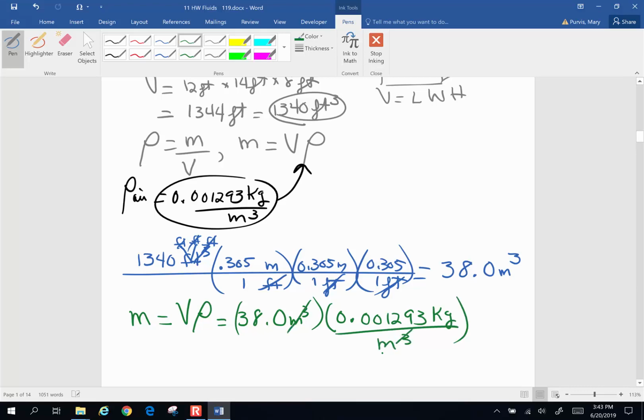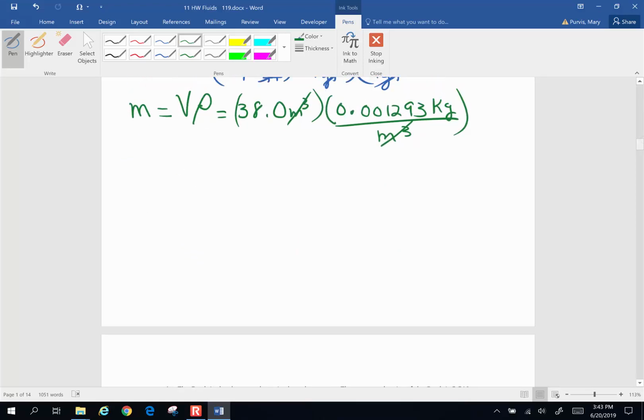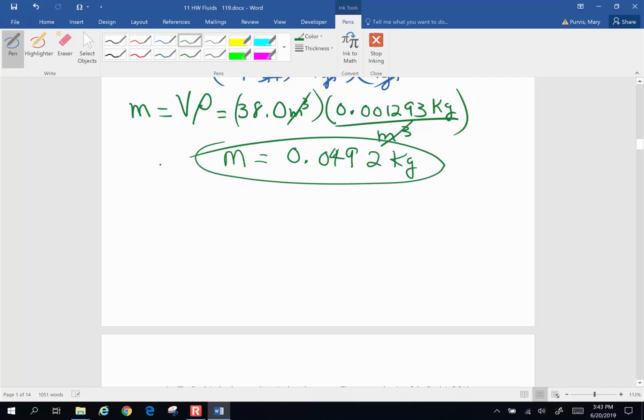Cubic meters are going to cancel, and I've got 38 times 0.001293. I end up with a mass of, that's not a lot of mass, 0.0492. That's 0.492 kilograms. Okay, are we done?